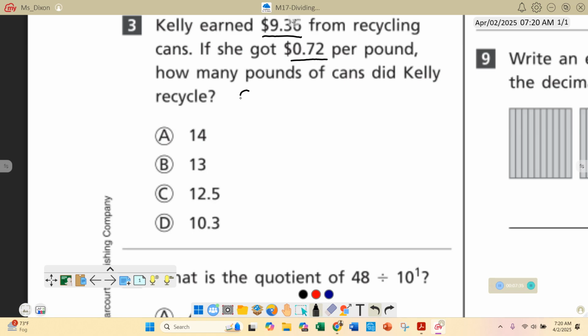So our dividend is going to be $9.36, and it's going to be divided into 72-cent groups.